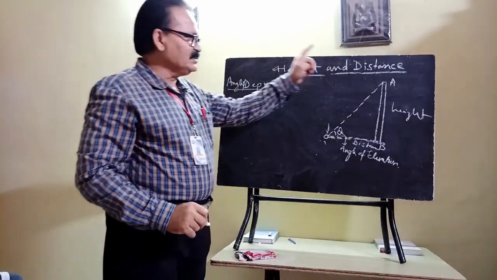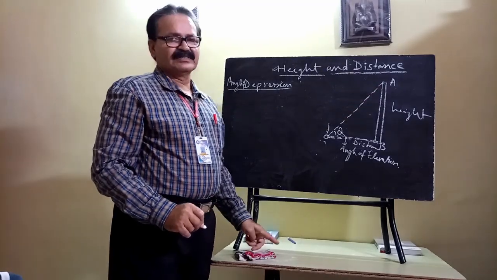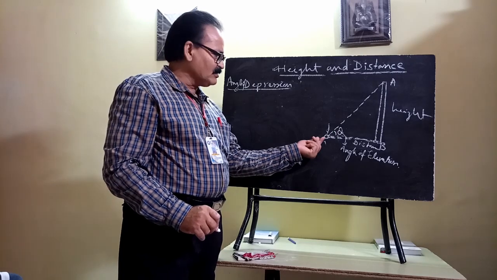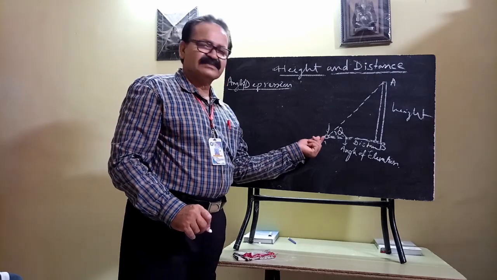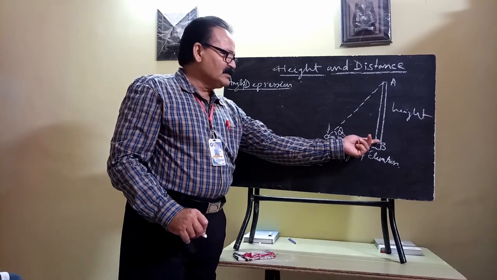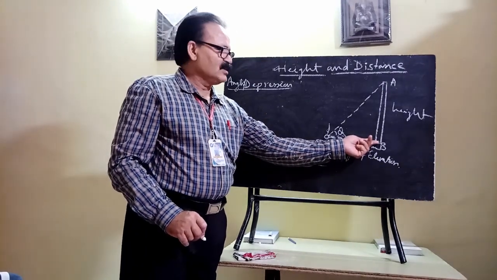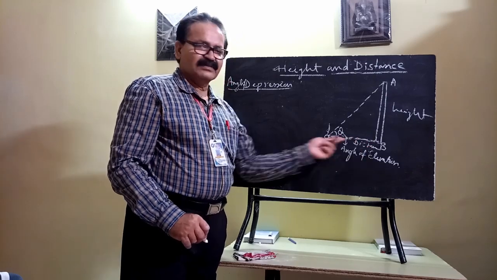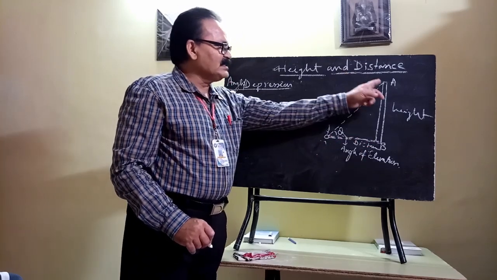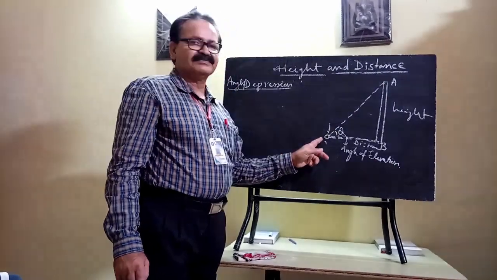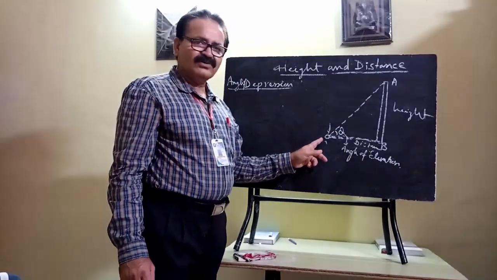Suppose the person is at the top of a building and he wants to observe any object present on the road. The road is definitely at the level of the foot of the building or the foot of the tower. So this is the road level, and the person on the top of the building wants to observe the object lying on the road.